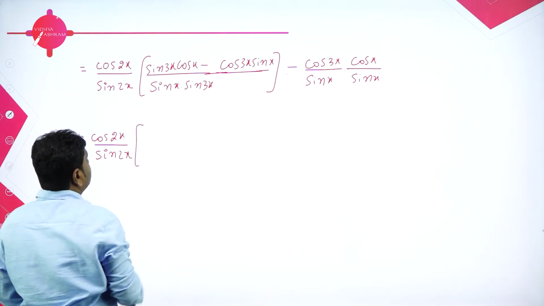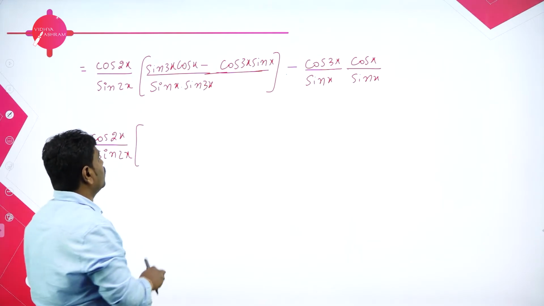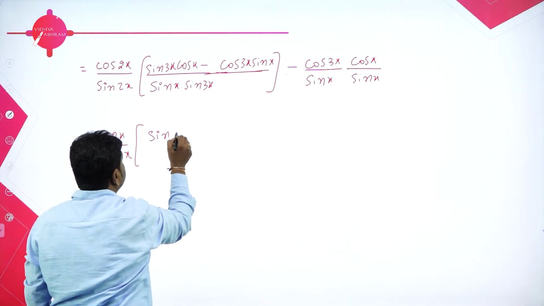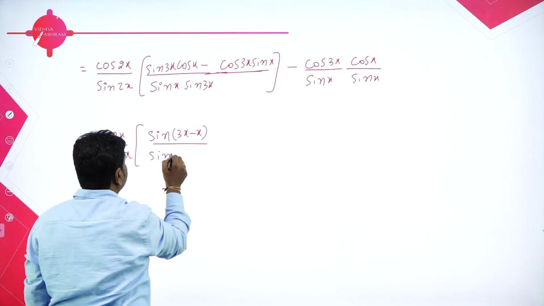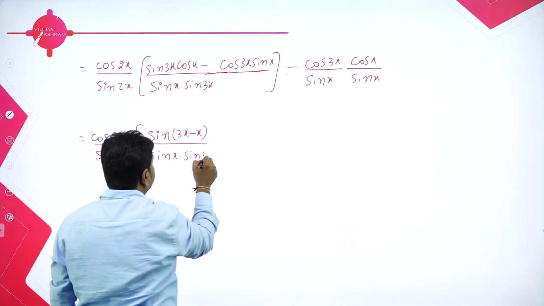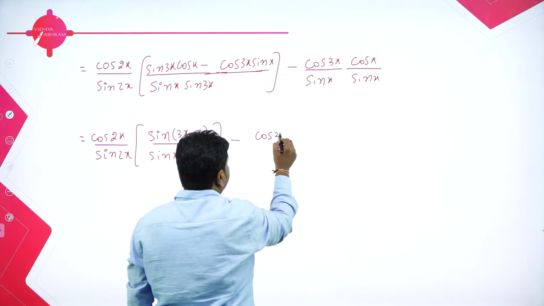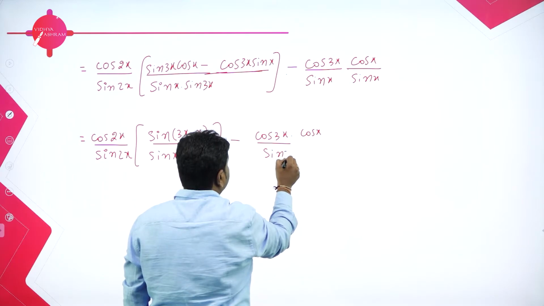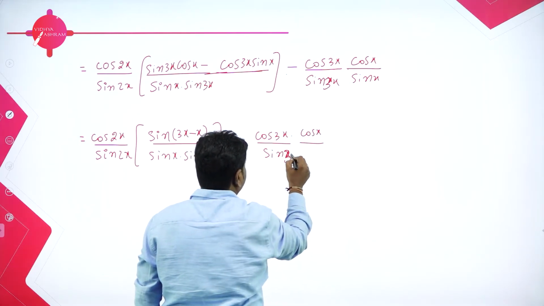Further, if you observe, it is in the form sin a cos b minus cos a sin b. All of you know that is sin of a minus b, so it is sin of 3x minus x divided by sin x into sin 3x, minus cos 3x into cos x by sin 3x into sin x.